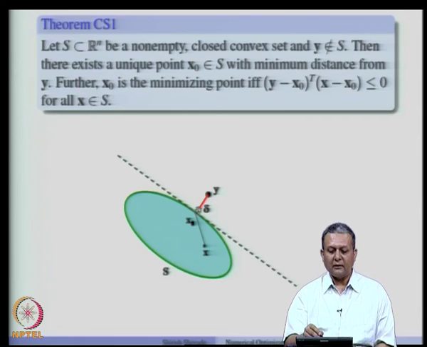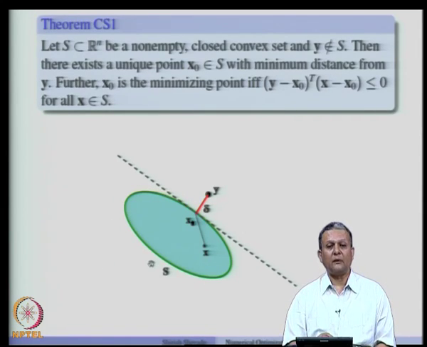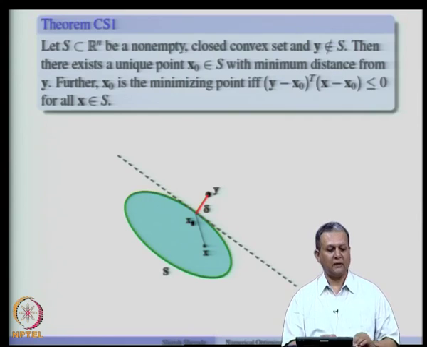You will see that the point y lies in one half space of that hyperplane, and the entire set lies in the other half space of that hyperplane. So, in some sense the hyperplane that we have shown here is trying to separate the set S and the point y which is not in the set S.